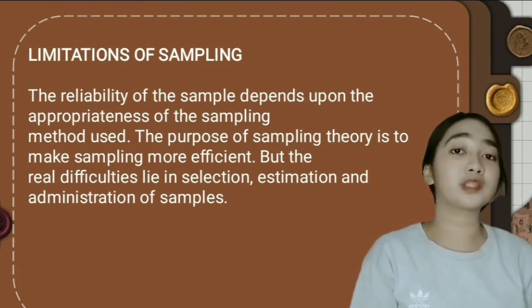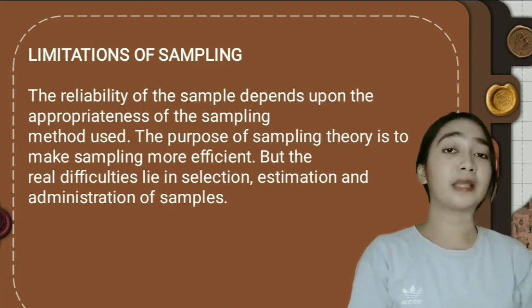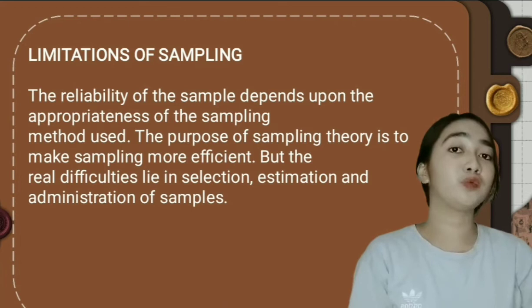Sinasabi dyan na yung result ng sample and its reliability ay depende sa sampling method na ginamit. And take note na kapag hindi naplano na maayos ang isang sampling procedure, possible na yung makuhang result ay hindi reliable. Saka isa pang limitation ng sampling is that kapag yung sample is hindi napili ng maayos, yung conclusion mula sa sample na yon ay magiging misleading.